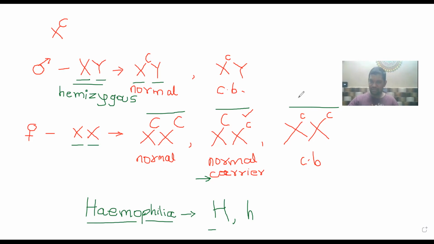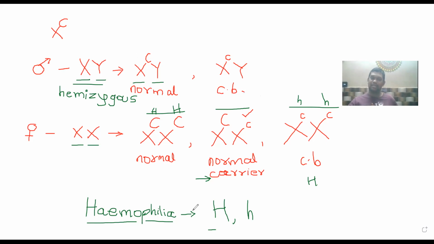Instead of the small c, if I write small h, the person is hemophilic. If it is capital H and small h, we call it normal but carrier for hemophilia. If it is capital H, the person is completely normal. In case of males, if it is a capital H, normal. If it is a small h, the person is hemophilic.